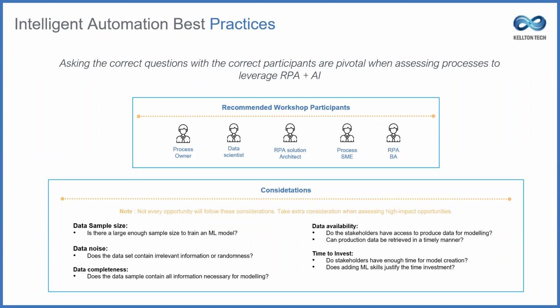So your solution architect is a key person who understands the technology that can take you to the right time to market and investment as well. Your process SME and RPA BA are the ones who will be tightly associated with the use case itself, understanding your internal employee needs or your external customer experience needs that will be translated into this automation.